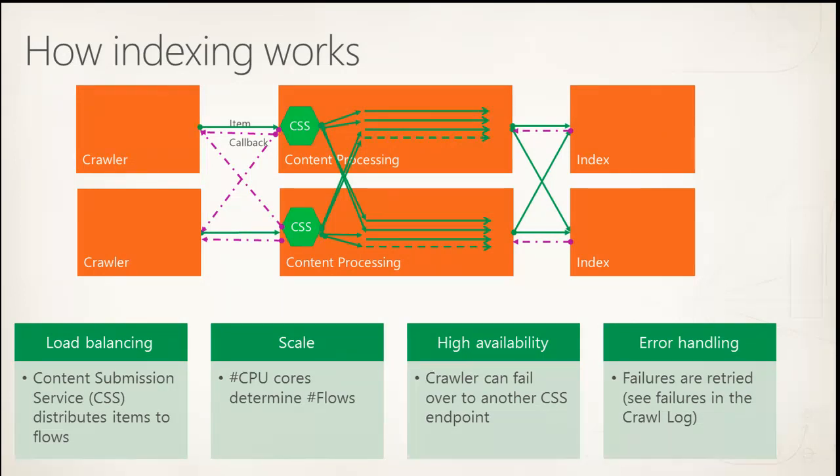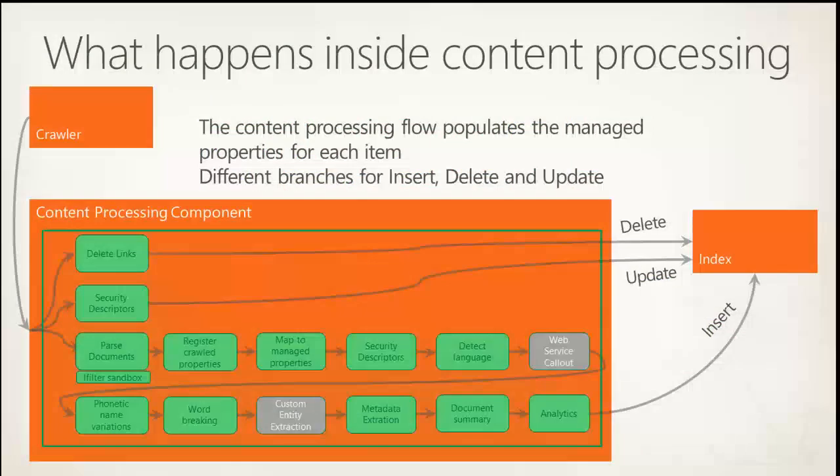If the crawler tries to push a document and it doesn't get contact with the service or some other error happens, the crawler will retry the item a couple of times before giving up, because it's possible that there was just a network blip or some transient situation. So now let's move on and take a look at what happens inside content processing, inside one of these flows.